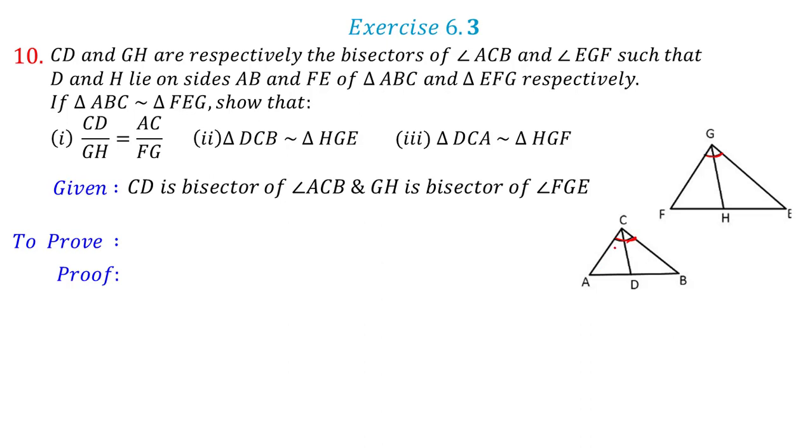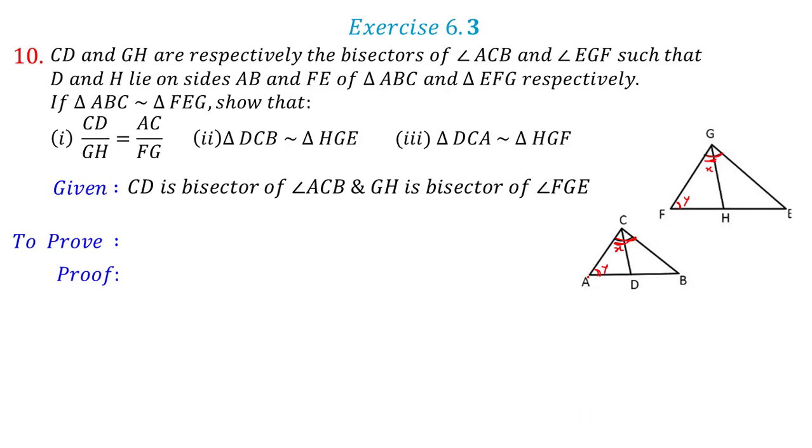If I draw the bisector, then half of the angle becomes x, here also x. So in these two triangles this angle is x. Also, as triangle ABC is similar to triangle FEG, angle A and angle F are equal, because they are corresponding angles of similar triangles.